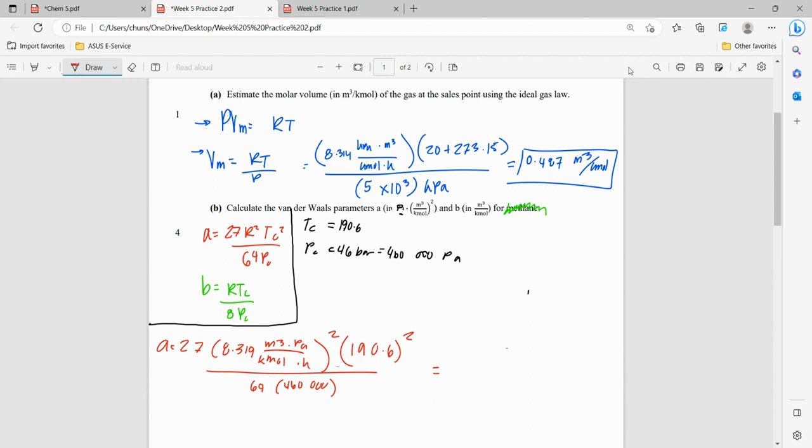Okay, and there we go. This is equal to 2.302 pascals meters cubed per kilomoles squared.